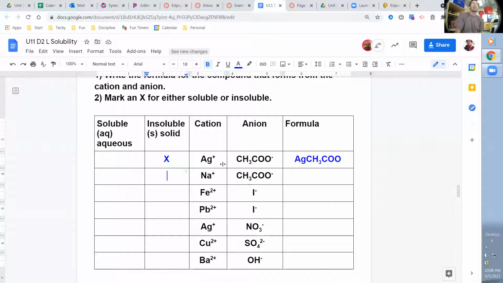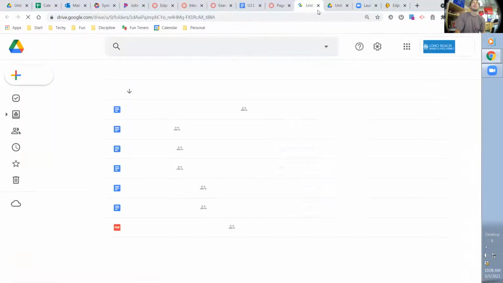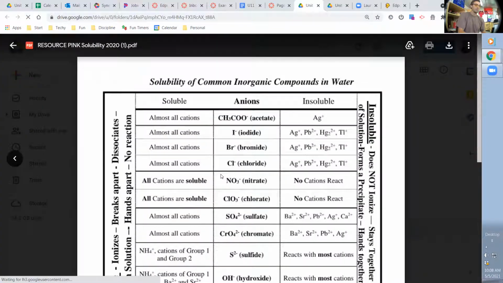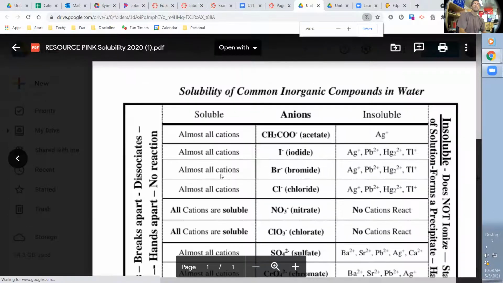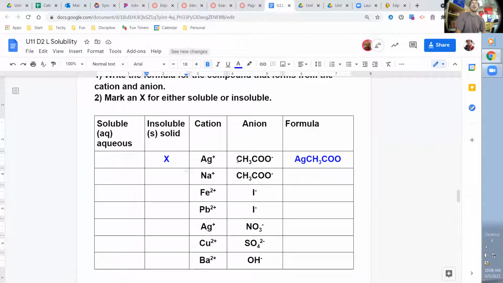Let's go ahead and look at why it's insoluble by analyzing the solubility chart. So here's a solubility chart. Okay, so here is the anion, CH3COO.